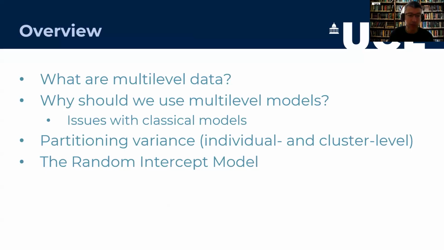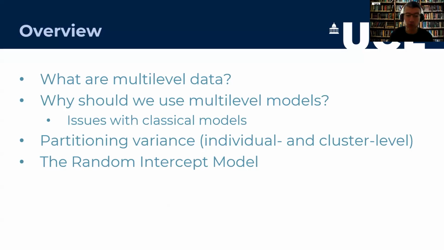Today, we will be starting with the concept of a multi-level data sets, and then we will see why we should use appropriate methods when we're dealing with these data sets.